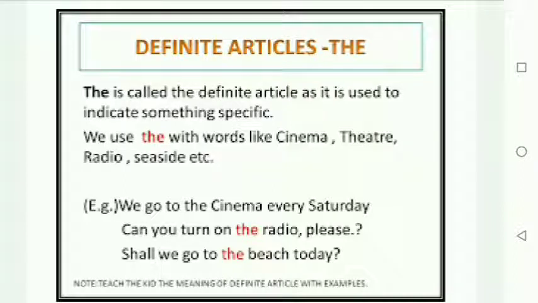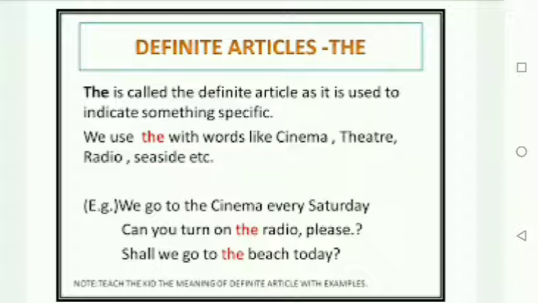What is a definite article? The is called the definite article as it is used to indicate something specific. So, as I have told earlier, when we are showing something which we are very exact or clear about, then we are using the article the.